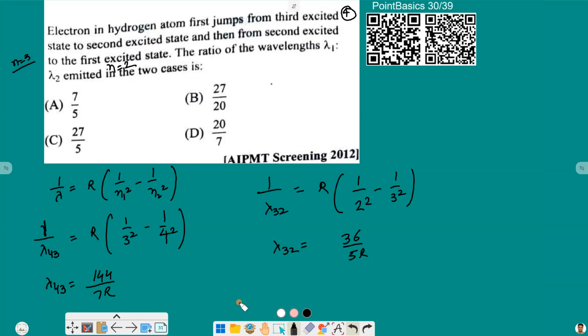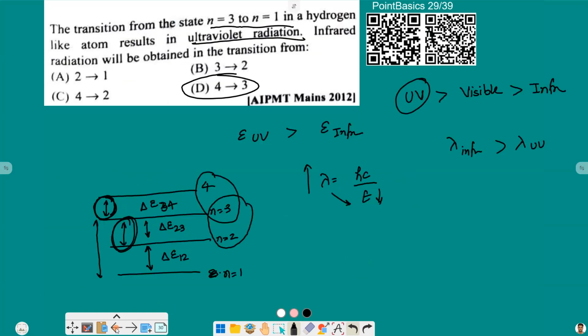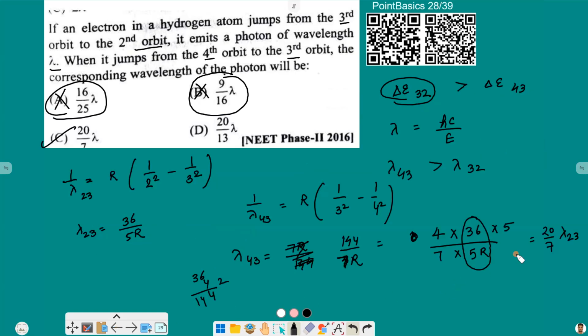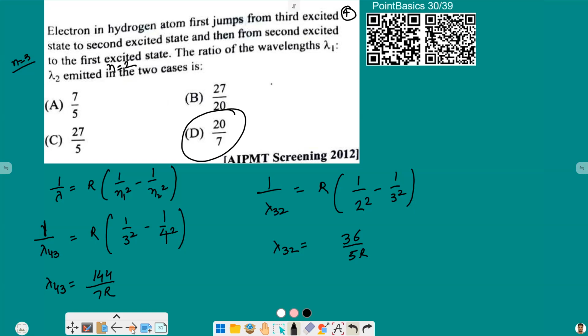I think we have just solved this type of question, and the answer was 20 by 7. I remember just now, and here it was, that is 20 by 7 lambda 2 3, that was lambda 4 3. So you can do the remaining calculation, and from that you will find that lambda 4 3 is 20 by 7 times of lambda 3 2. That is option D for us.